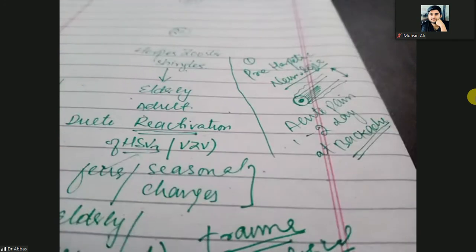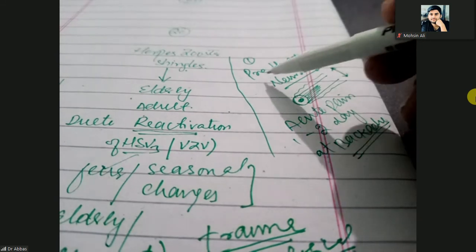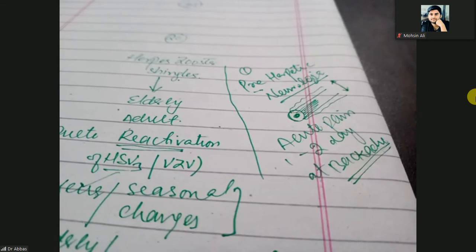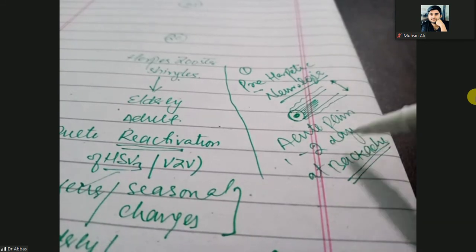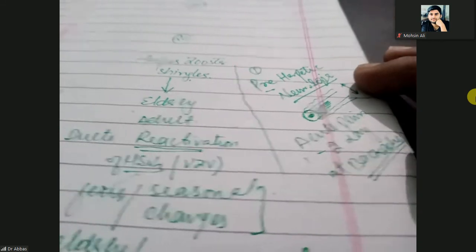This is actually how you are going to prepare for the shingles. So preherpetic neuralgia is due to the nerve inflammation caused by the viral replication. It is the acute pain that remains for 1 to 2 days at the back of the body. That is called backache.